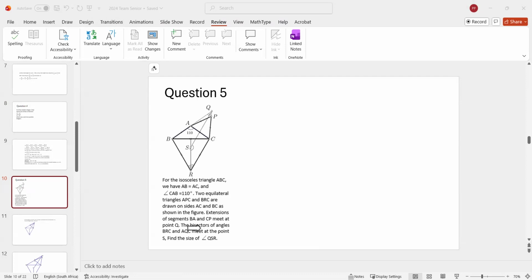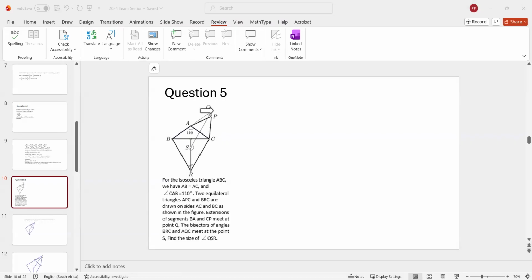Right? Now they say extensions of BA, so this BAQ is a straight line. It meets this thing. If this is extended, it meets it at some point.